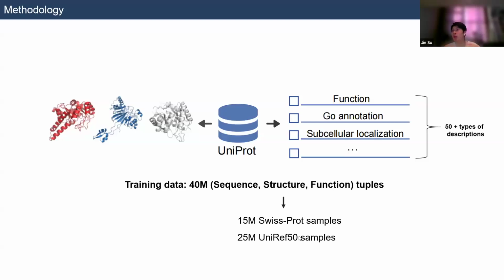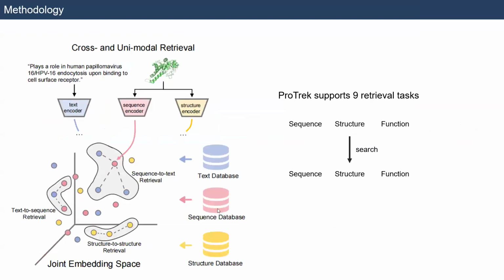That's a heuristic rule. So is it that you take the embeddings of your sequence and the text, and then you use the cosine similarity metric? Yes. Our ProTrek actually learns a joint embedding space. It can encode the text, sequence, and structure into a joint embedding space.